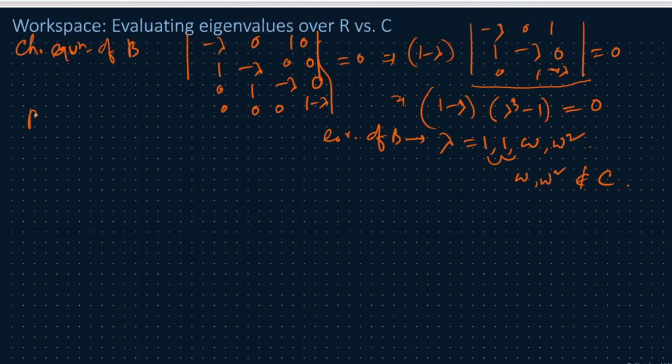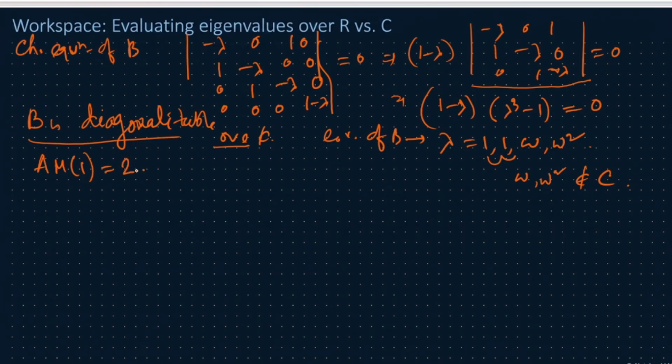Now we check whether B is diagonalizable over C, since there is a repeated root. The algebraic multiplicity of 1 is 2.